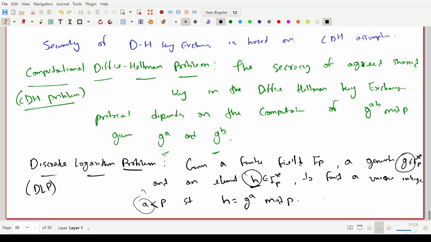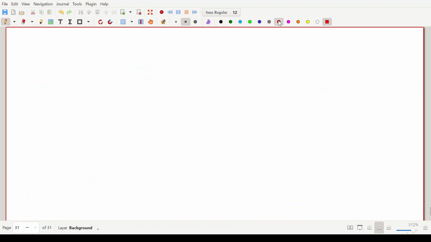If you take a large size of prime p, then even the choice of parameters also, the g and the private key. So these are the two problems, the CDH problem and the discrete logarithm problem, assumed to be intractable.